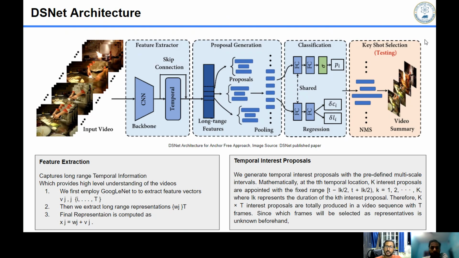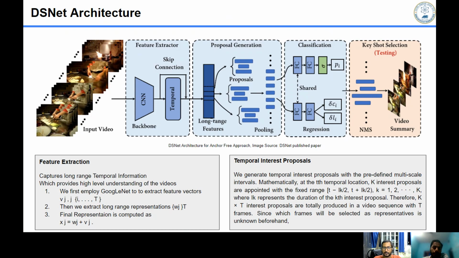So first we employ GoogLeNet to extract feature vectors Vij, and these are the vectors which will frame your videos into different segments. Then we extract the long range representations WD and WT, and add those long range representations and the original spatial features.